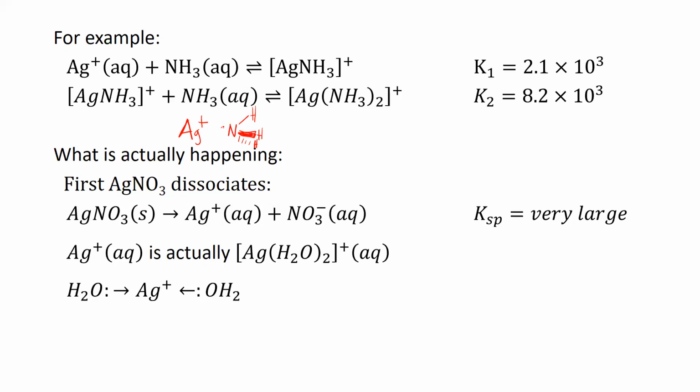Right, but there's also this lone pair of electrons on an ammonia molecule. And that lone pair of electrons can be what forms overlap with a bond or an orbital from the silver ion, right? So essentially you could say that if you've got the silver ion here, it has an orbital here, and the ammonia has an orbital, right?